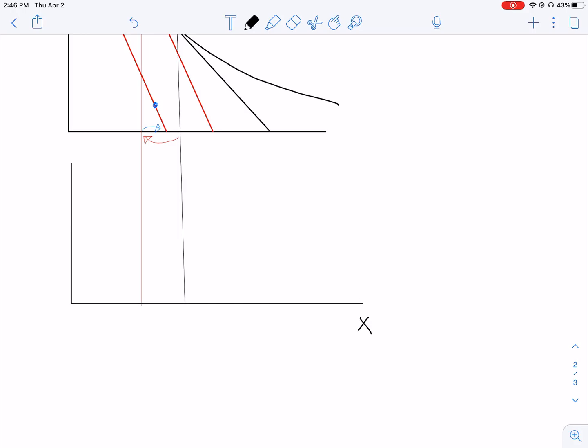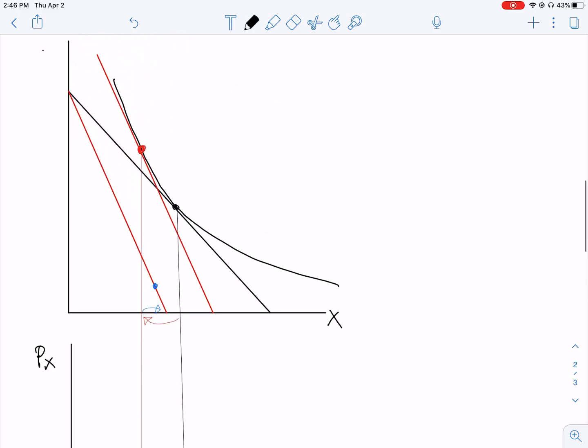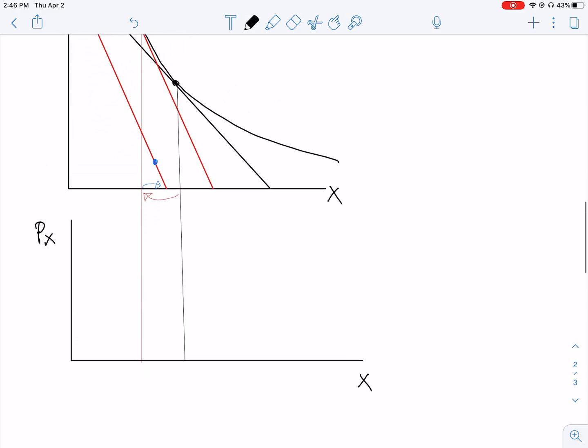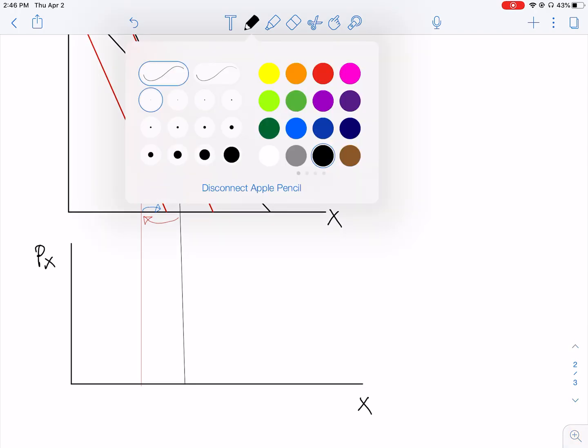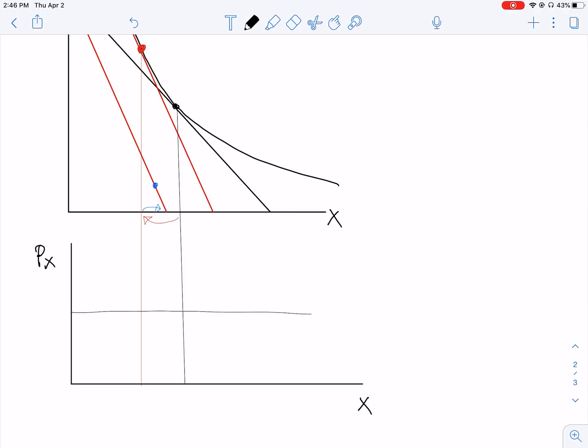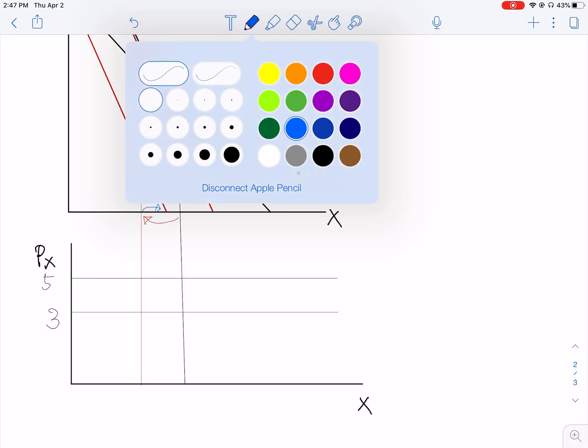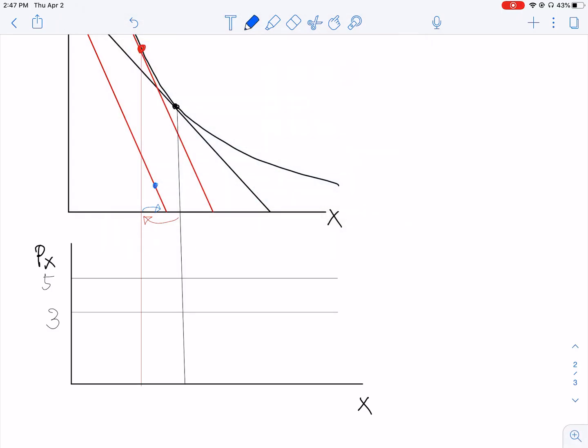So here's X, and here's the price of X, and here's X, and here's Y, right? So this is, say, $3 as before, and here's $5, and the blue one is this. So this is the case, right?